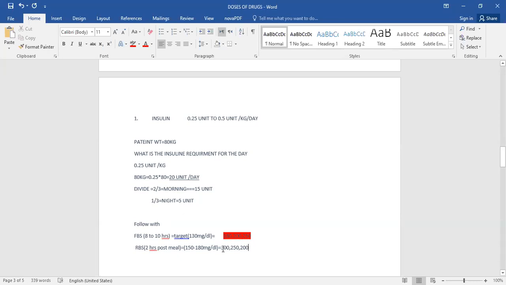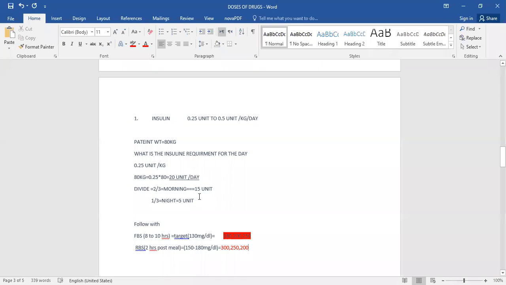Morning dose. Okay, you will further increase by 2 units. Maybe 15 is being taken, you can increase it to 17 units, and then 2 units further, and then 2 units further.